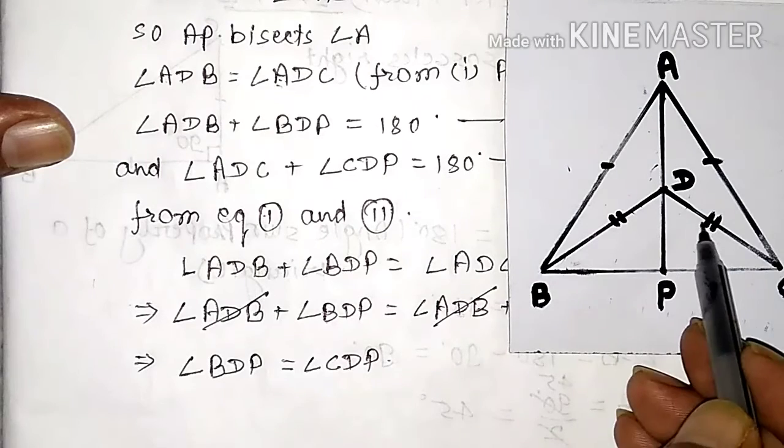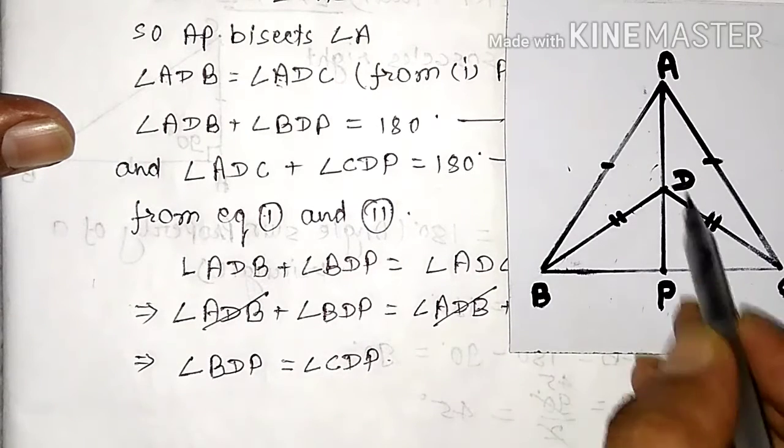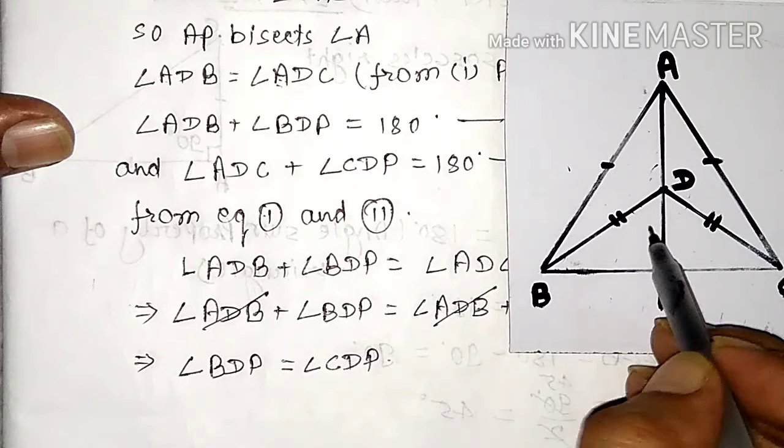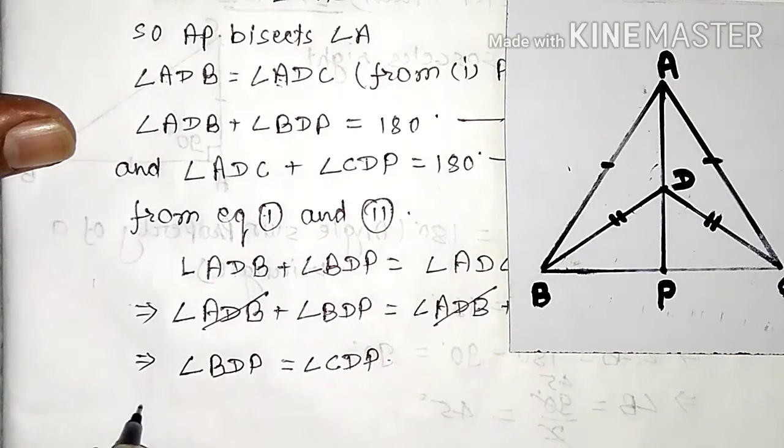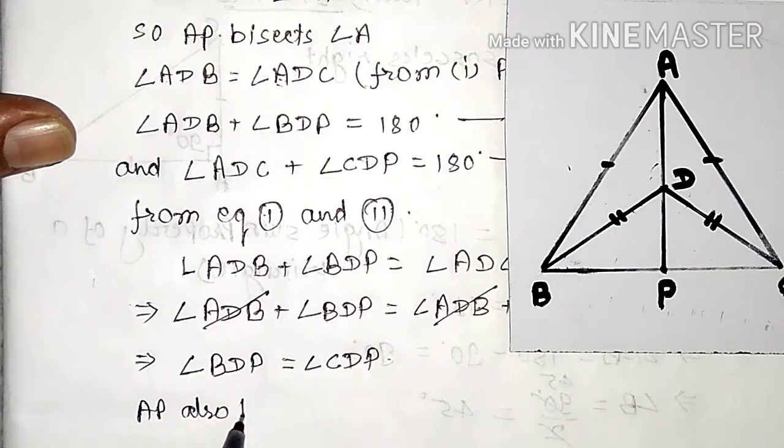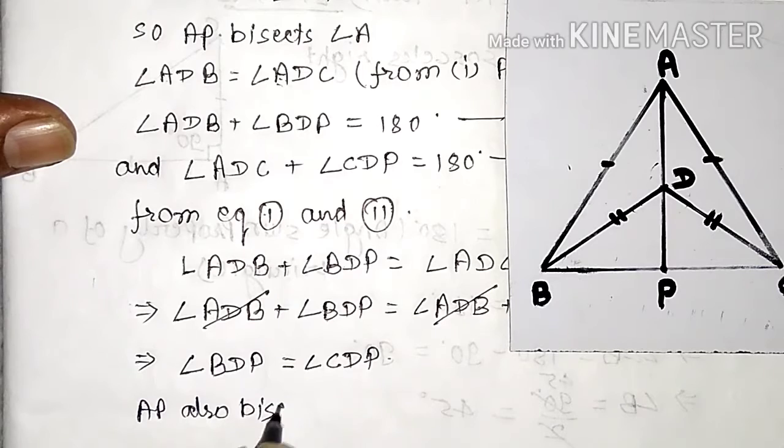This angle is equal to this angle. BDP is equal to angle CDP. So we can say AP also bisects angle D. It is also proved.